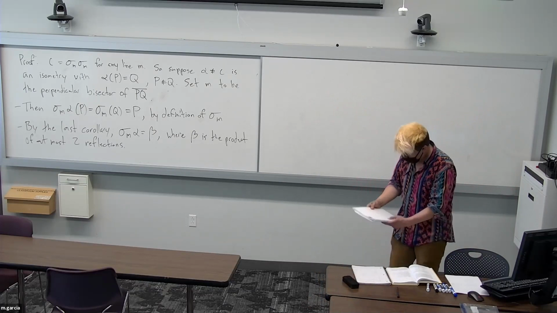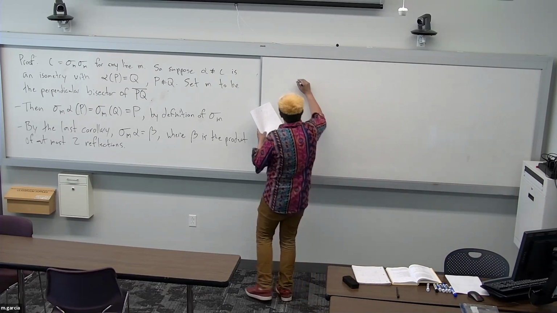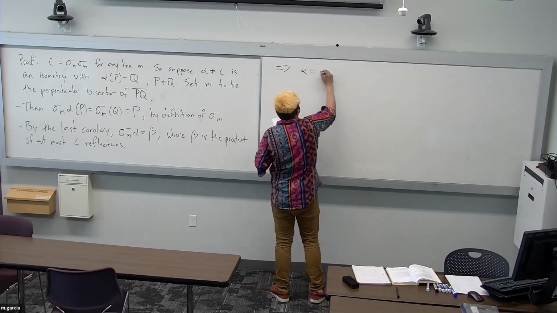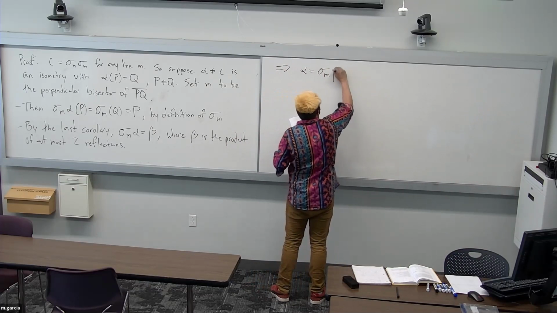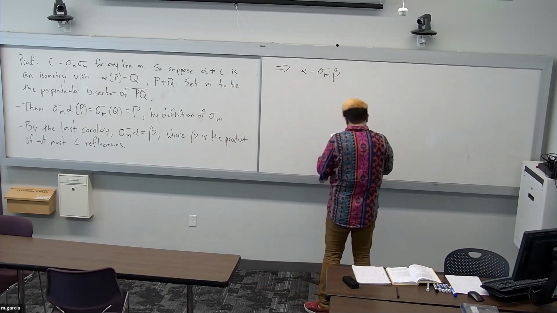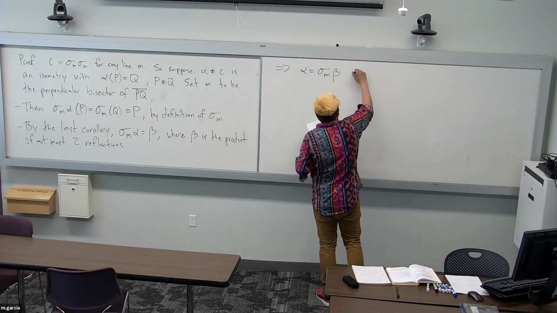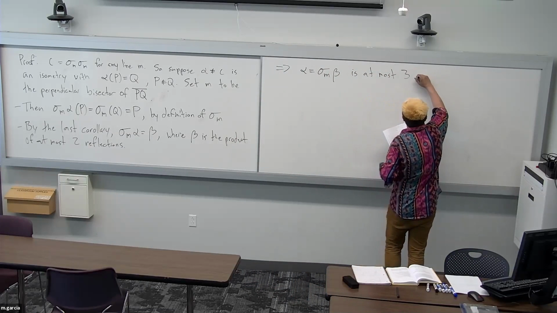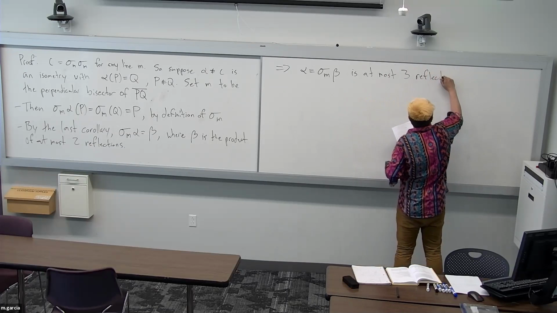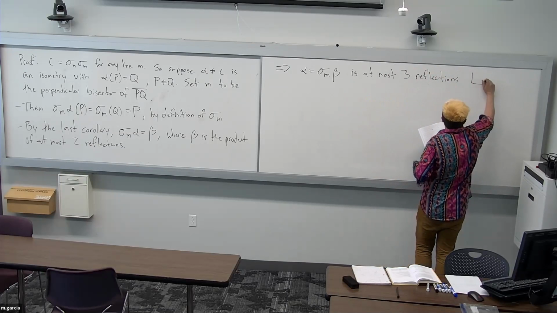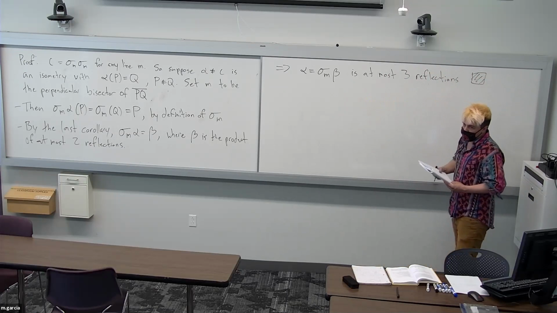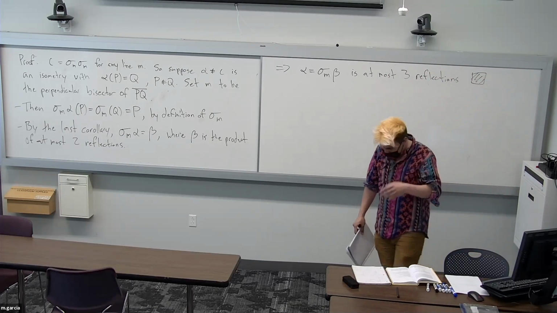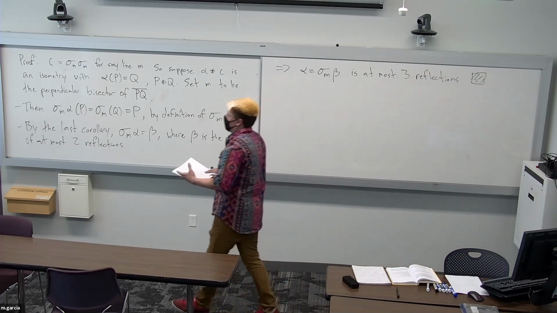So this implies that alpha is equal to sigma m beta, which is at most three reflections. Okay, so that's kind of nice.